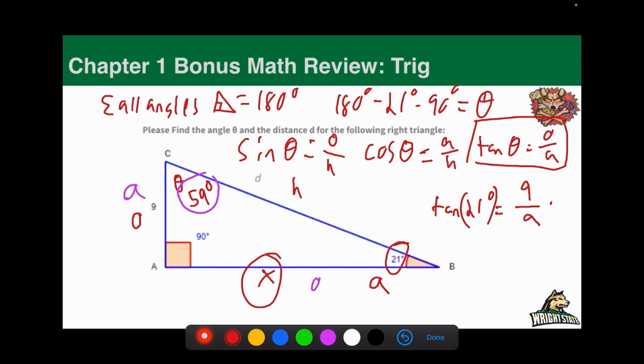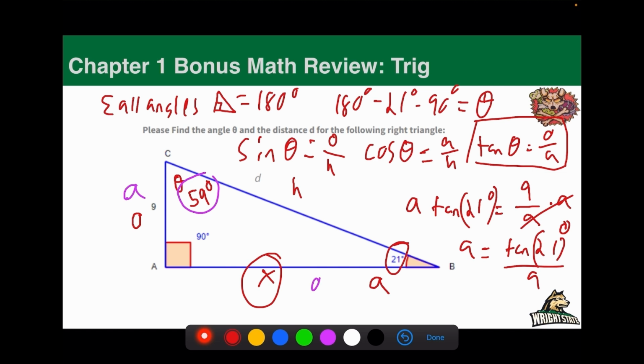Solving this for a using algebra, I can multiply both sides of this by a, and I can say that a equals tangent of 21 degrees divided by 9. Now, you can and probably should just use a calculator to evaluate your trig functions. The thing that's really important, you can't do a trig function with a bare angle. You're only ever going to do trig functions of measured angles.